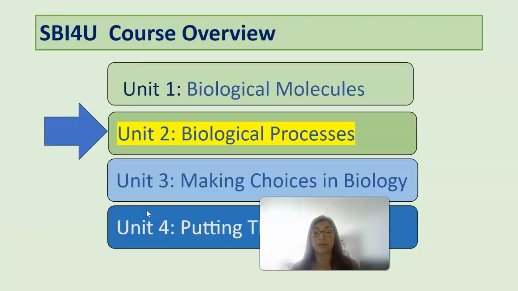So now we are starting biological processes. As you know, in Unit 1, we focused on the biological molecules that make up living organisms. So we were zooming in at the smallest level. And then today we'll gradually move out to see how these molecules interact to build up the cell or to perform functions in cells.